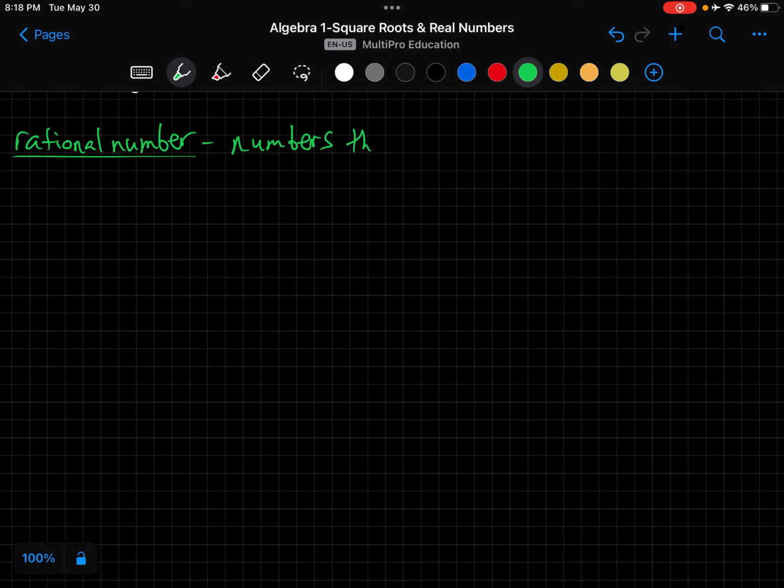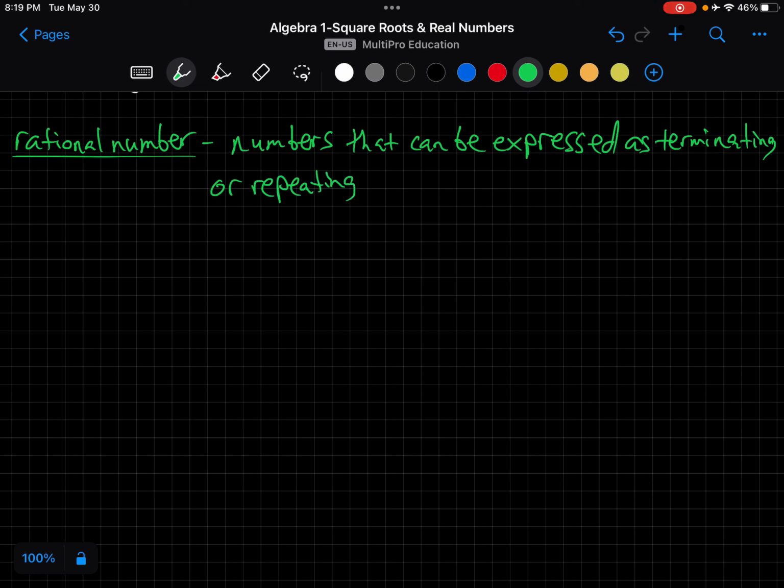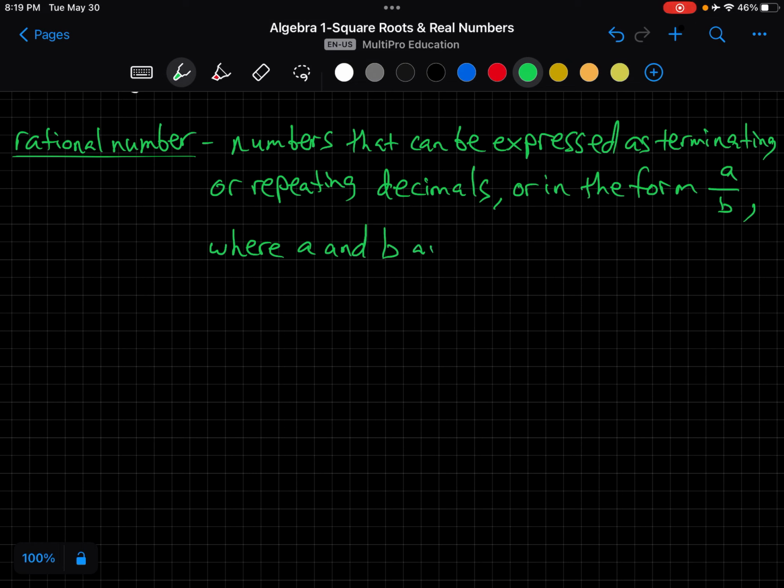It's numbers that can be expressed as terminating or repeating decimals, or in the form A over B, where A and B are integers.